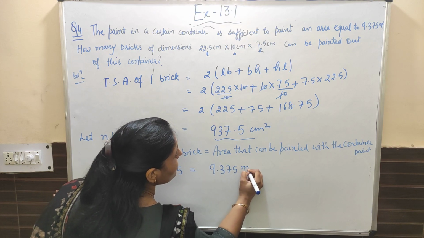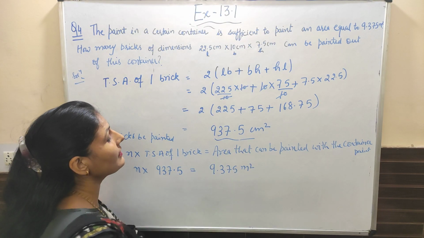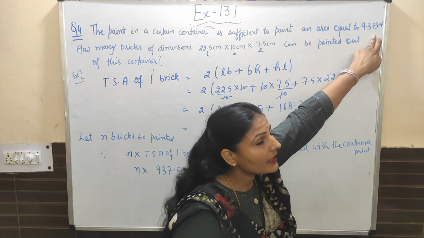9.375 meter square. Here we have centimeter square and here we have meter square.